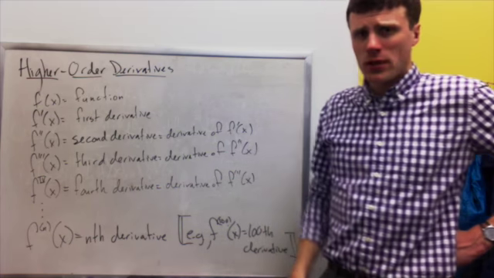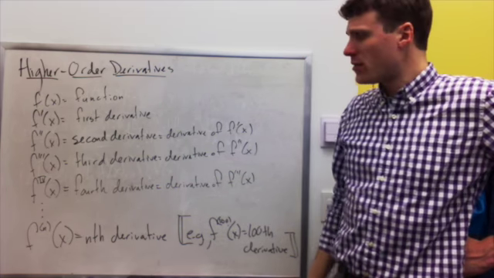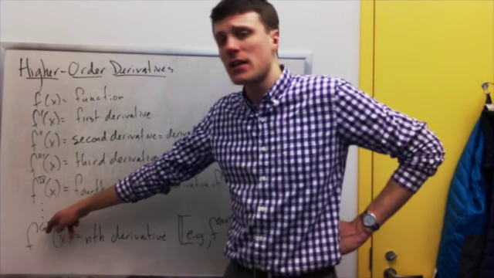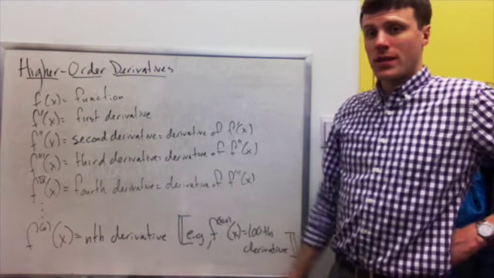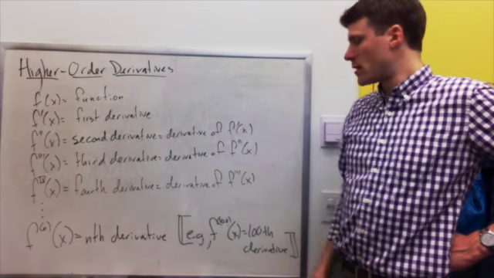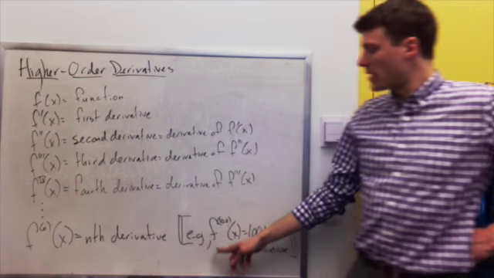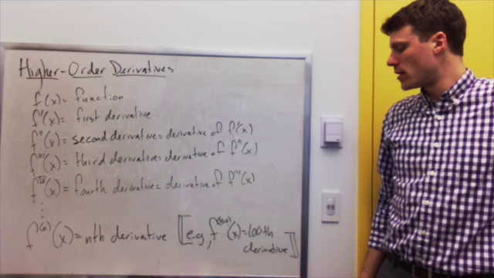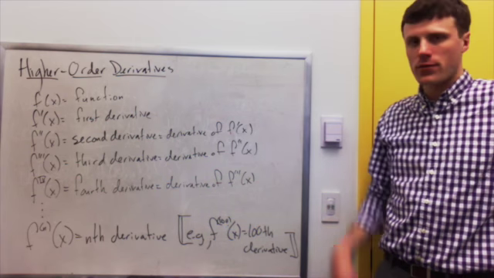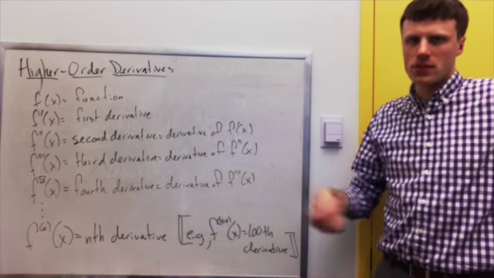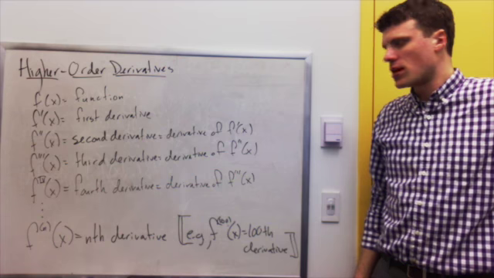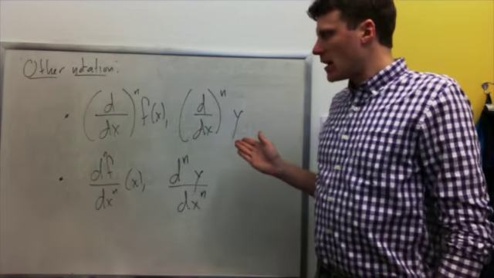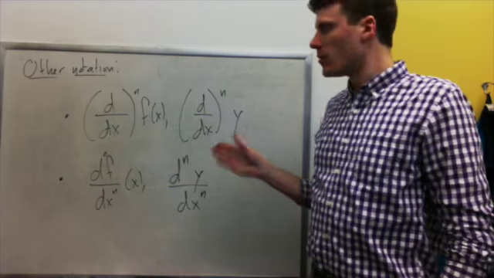But in general, if I want to write down the nth derivative, where n is some whole number, I'll write it as f with the superscript n in parentheses. And that's going to be the nth derivative, meaning I took n derivatives. So for example, if I write f 100 of x, and that's the 100th derivative of f, that means I start with f of x, I took a derivative, then another one, and after 100 iterations, I got down to this function.